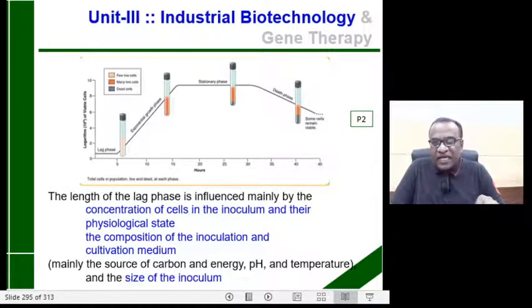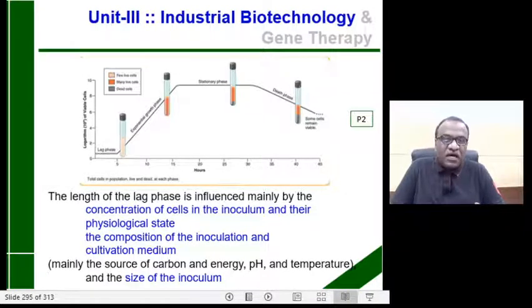The cells are metabolically active, but they are trying to adapt themselves to a new environment, and in this process there is no significant increase in the biomass concentration, substrate consumption or product synthesis. So if you can minimize this inefficient period, then the target harvest will be more efficient.